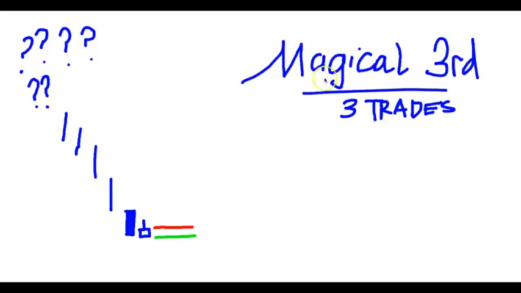And so now, magical third, 3 trades, we're over halfway there. You have 2 trades, one buy, one sell, and ideally you want to get these as tight as possible. I'll explain why in just a second.